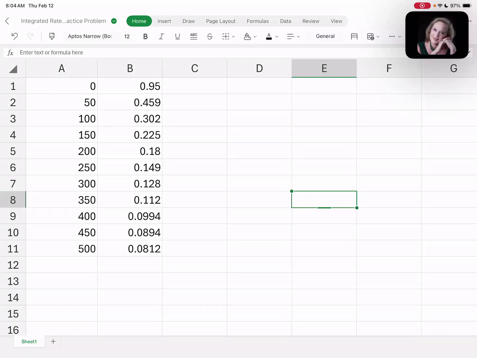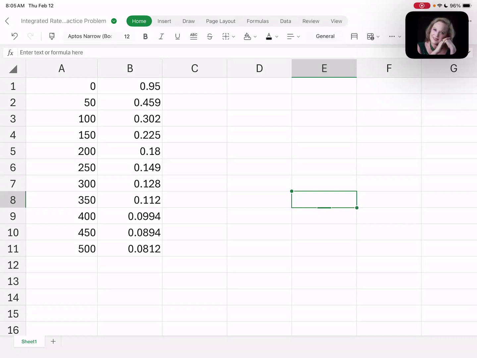And if you graph 1 over the concentration as a function of time, and that gives you the best straight line, then it is 2nd order. So again, we make 3 graphs and figure out which one gives us the best straight line, and that tells us the order.